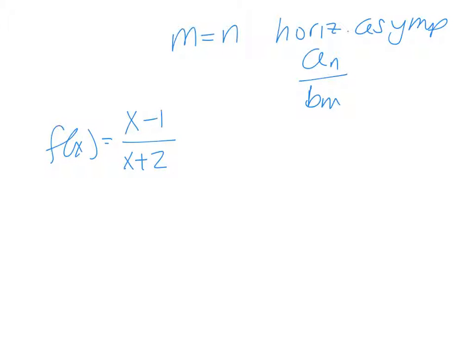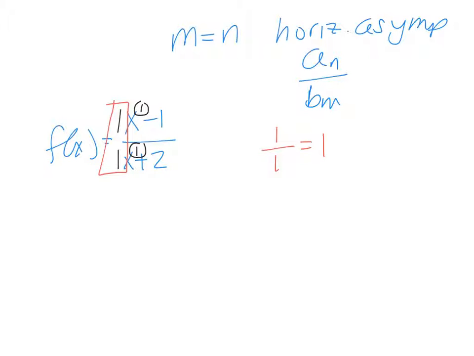In this case, if we emphasize this, our coefficients are 1, our exponents are 1. So this is n and this is m. Those are equal. And so the horizontal asymptote is going to be the fraction that you create by that ratio. So the asymptote for ours is going to be 1 over 1, and that's why we got a horizontal asymptote of y equals 1. Okay?